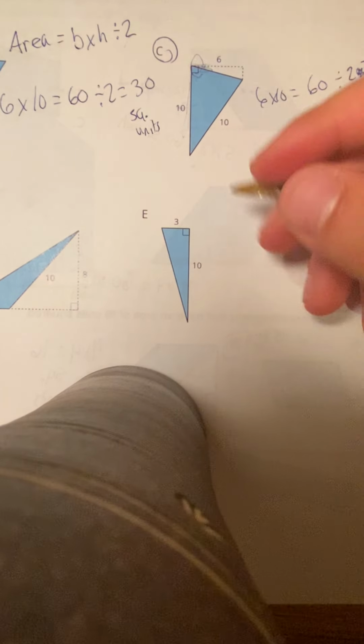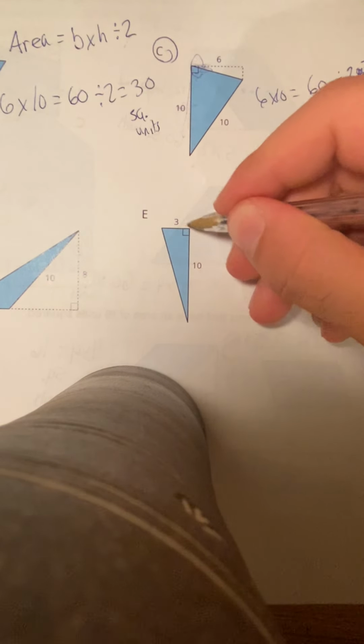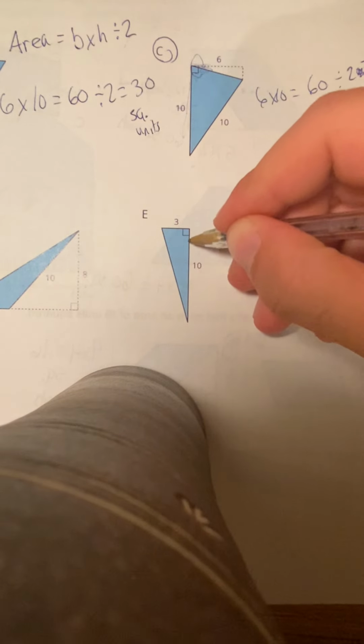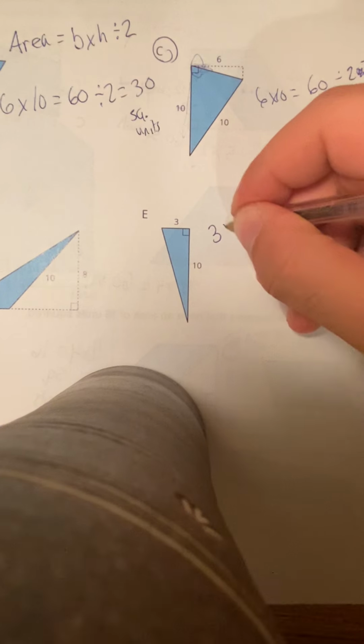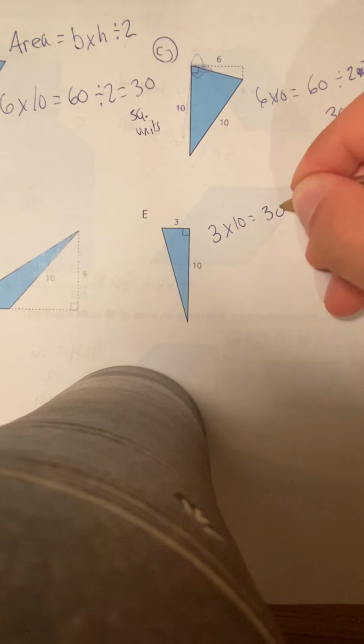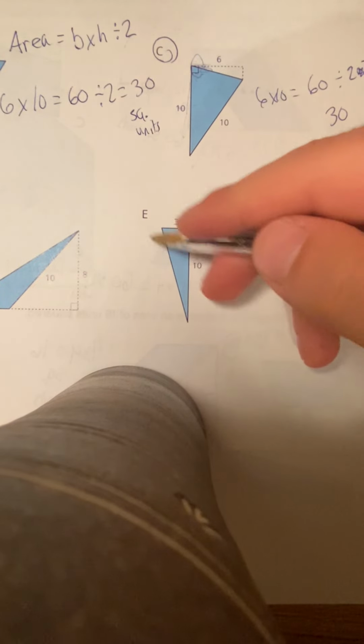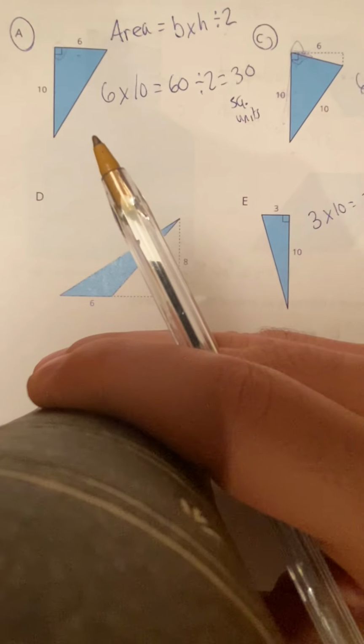Let's do E. So again, I got my perpendicular symbol. This line and this line are right next to it. So I do my area formula. Base times height, 3 times 10 equals 30. And then divided by 2 equals 15 square units. So this is not equal to 30, so I move on.